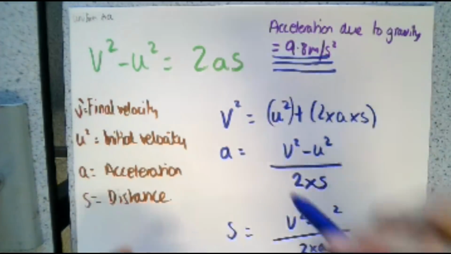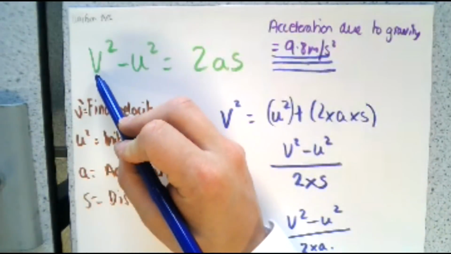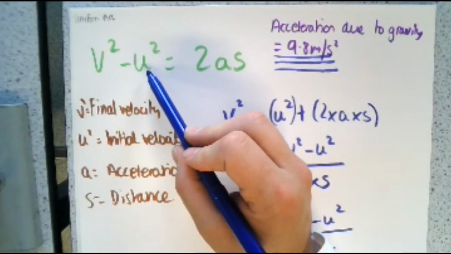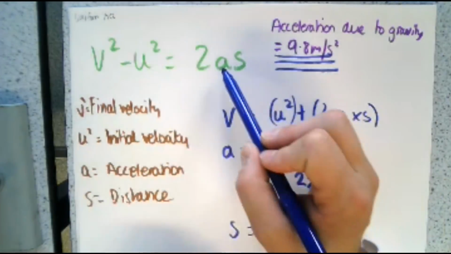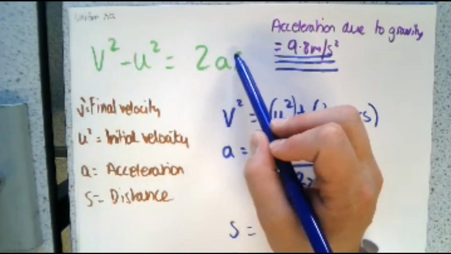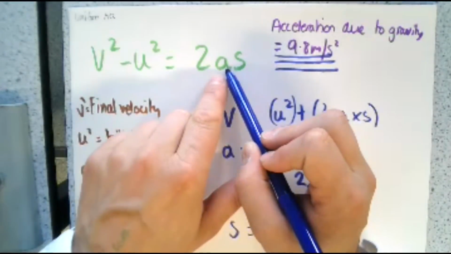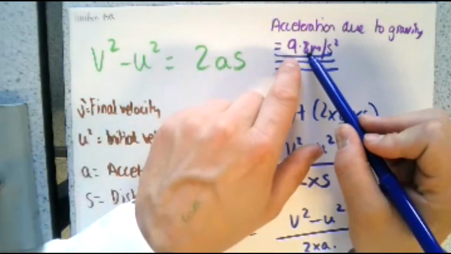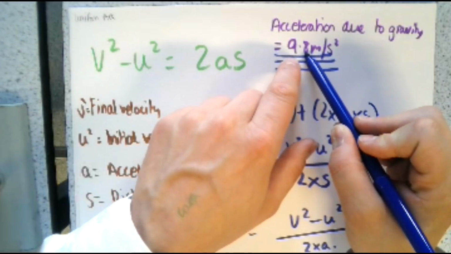So you'd be given the final speed. Your initial speed would be 0 because the skydiver's still in the plane. You wouldn't be given the acceleration, and you've been given a distance. So you would have to assume that acceleration will be 9.8 meters per second squared.